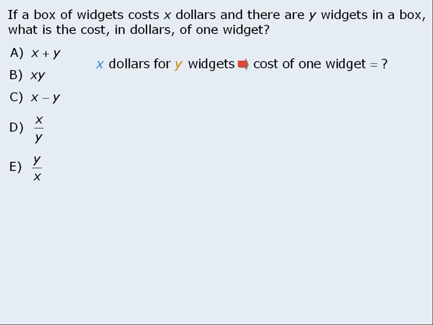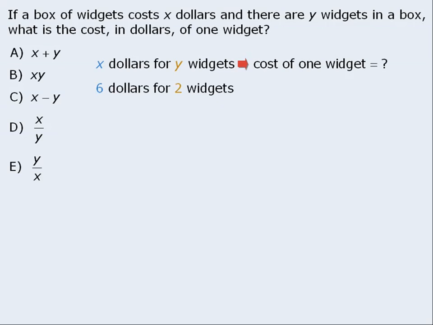Now for some questions, it may not be obvious how the given variables must be combined to represent the required value. When this happens, one approach is to use hypothetical values to determine the operations needed to reach the required value, and then apply those operations to the given variables. So for this example, let's choose some nice hypothetical numbers to get an idea of how to find the cost of one widget.